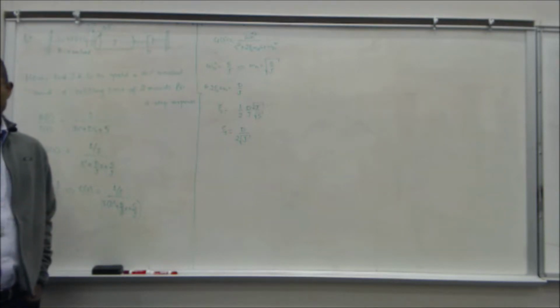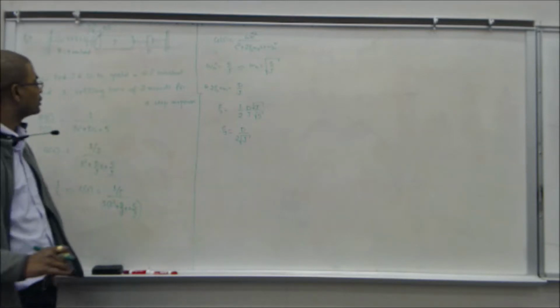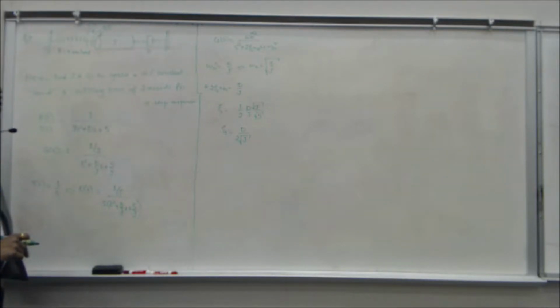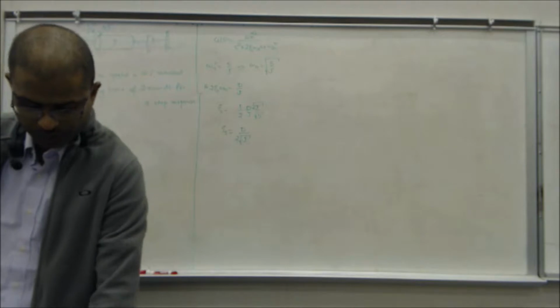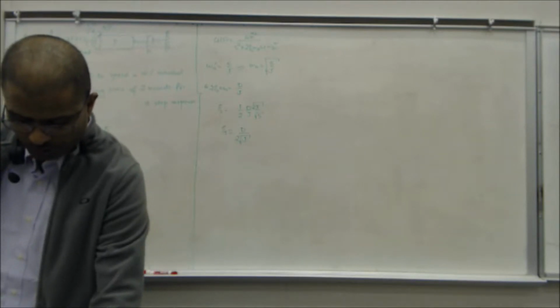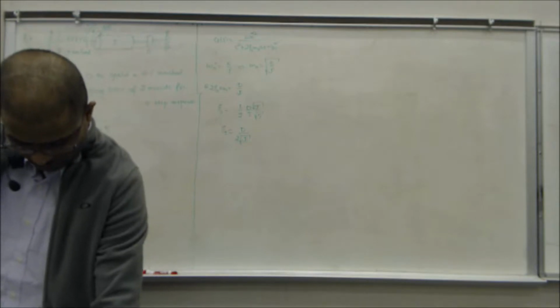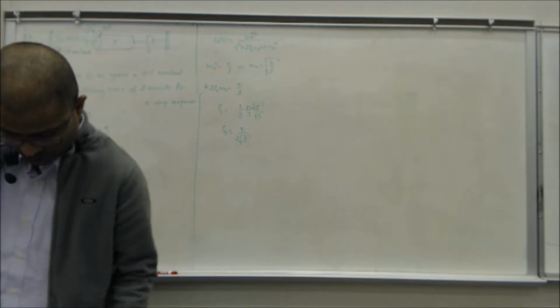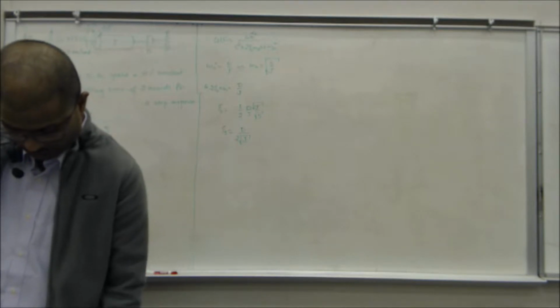Now what do you do? You're given percentage overshoot, and there is a relationship between percentage overshoot and the damping ratio, or an expression for the damping ratio in terms of percentage overshoot.